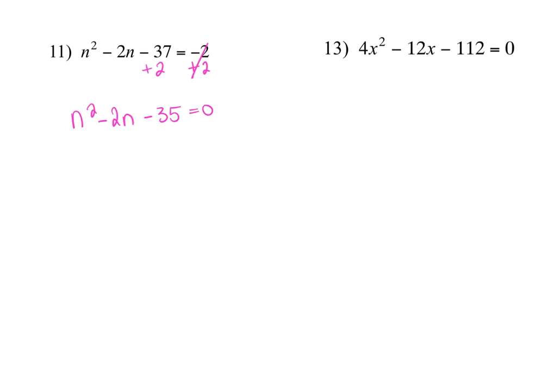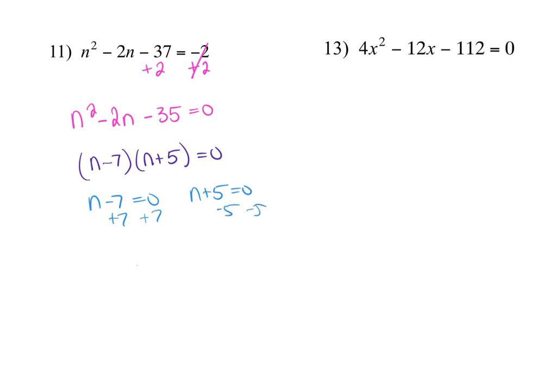So to factor this, I am looking for factors of -35 that give me -2. So I'm going to say, well, that's n minus 7, n plus 5. -7 times 5 is -35. -7 plus 5 is -2. And so now it's factored, and I can just set my factors equal to 0. So n is going to equal 7 or -5.